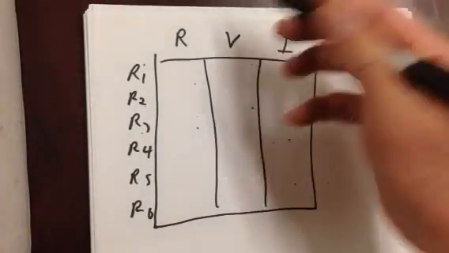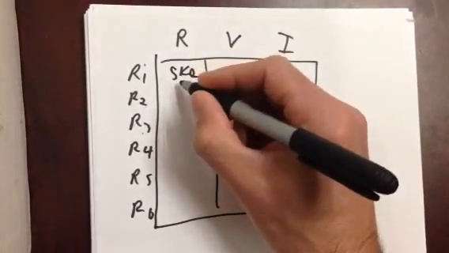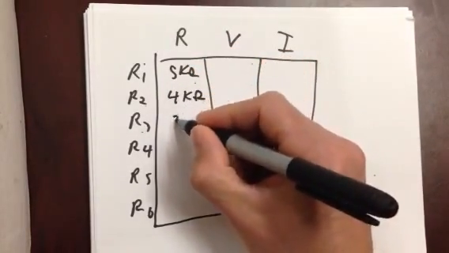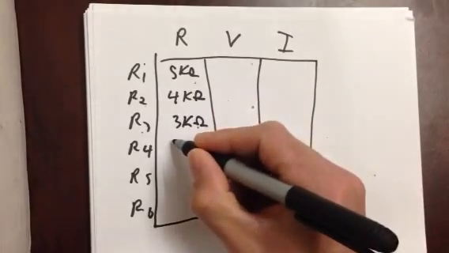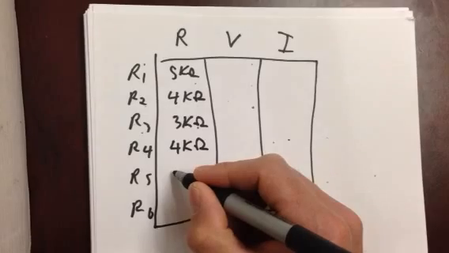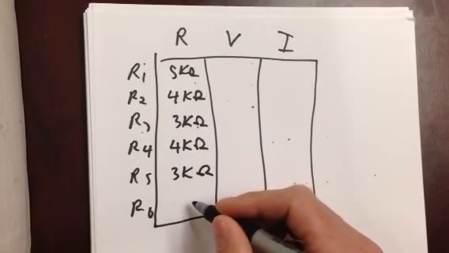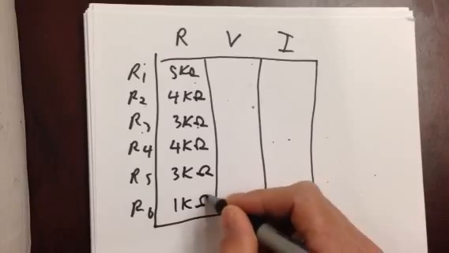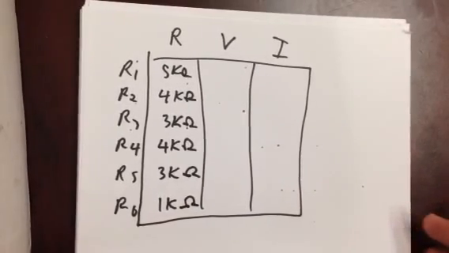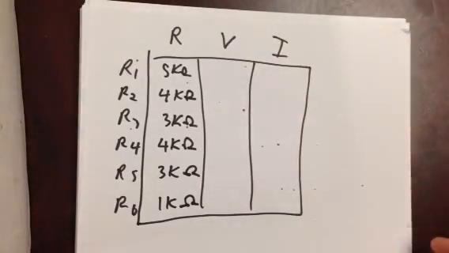To start off with, R1 is 5 kiloohms. R2 is 4 kiloohms. At the start, I don't know any of the voltages, that is the potentials, and I don't know the current anywhere.